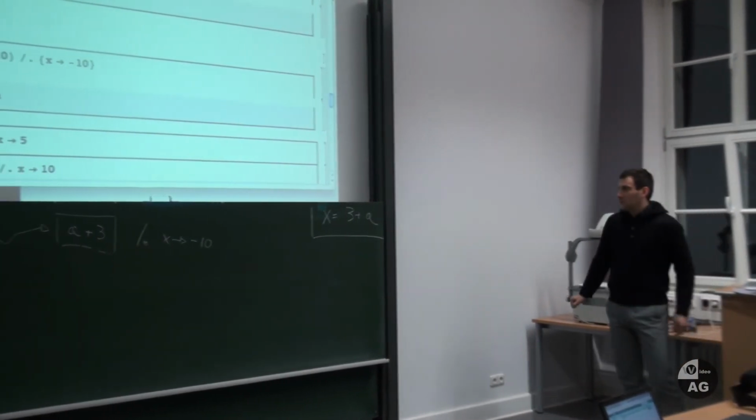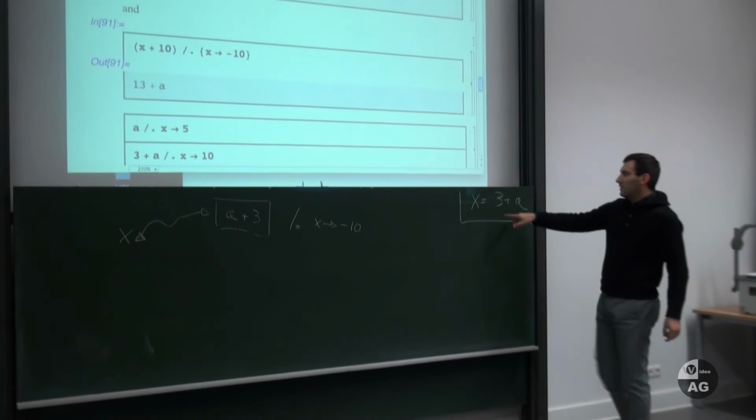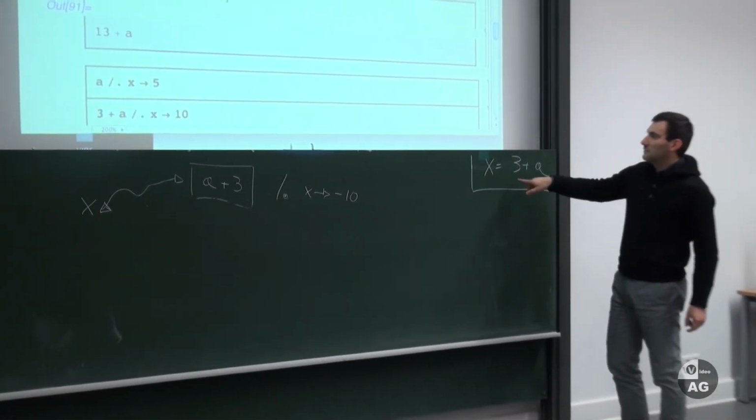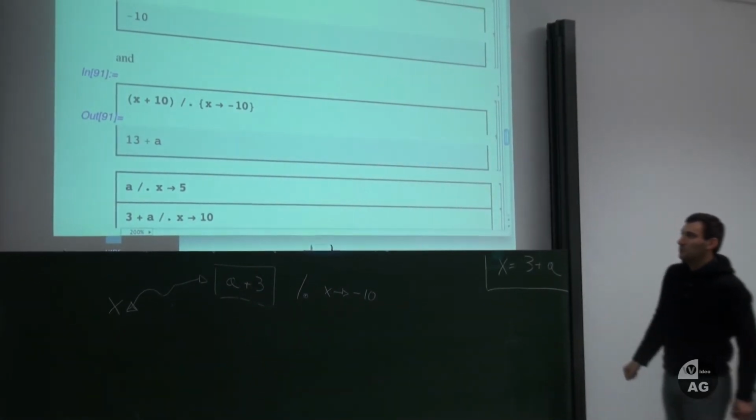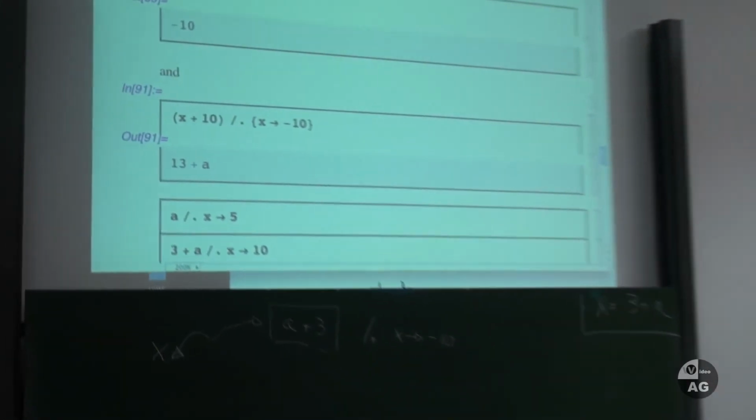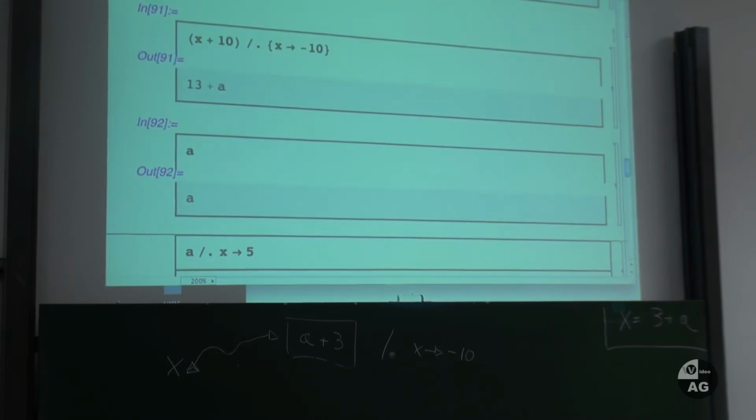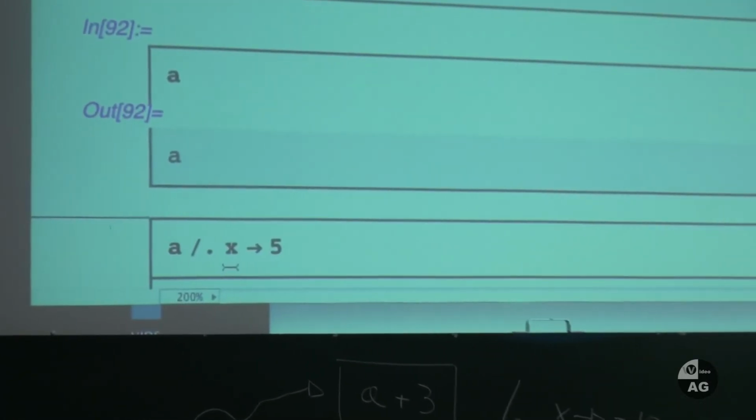Okay, back here, we have a and x. We want, okay, what do you think that tells us? First of all, what is a? a is just a, okay? And now I'm saying replace x with 5.